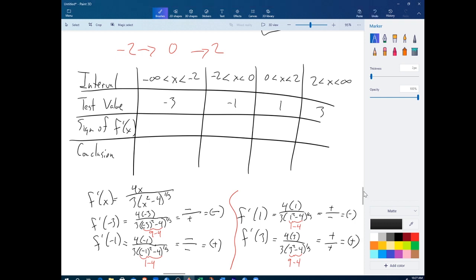I went super fast through that. Didn't even care about what the actual numbers were. I just looked at the parts that could make me positive or negative. And so there in the red below each function, I was just checking negative 3 squared gives me 9. 9 minus 4 gives me a positive number.